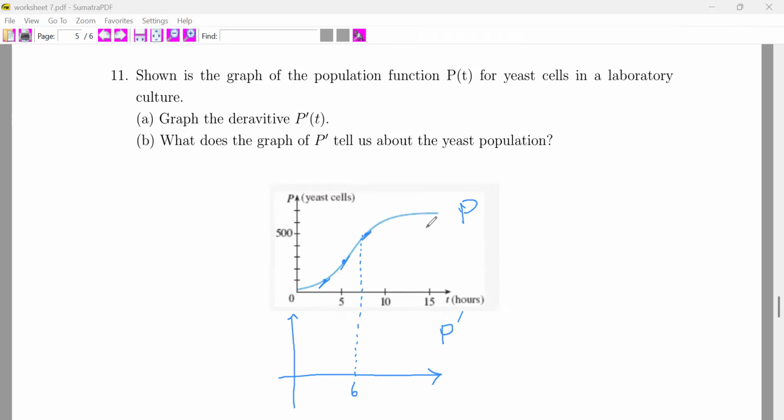And then it decreases to 0 because you would see that this part of the graph is going to be almost flat. So after this point, it is going to reach 0. Of course, not always 0, but it is going to reach 0. And before this, it is increasing. So it will be something like this.